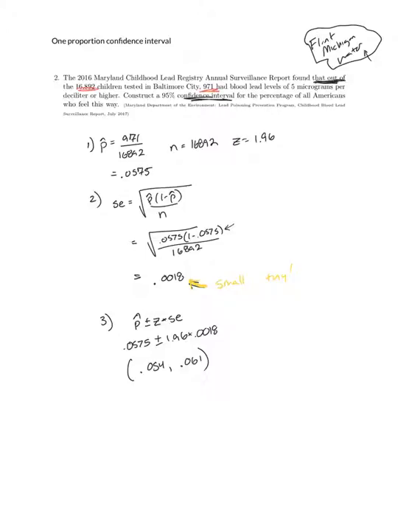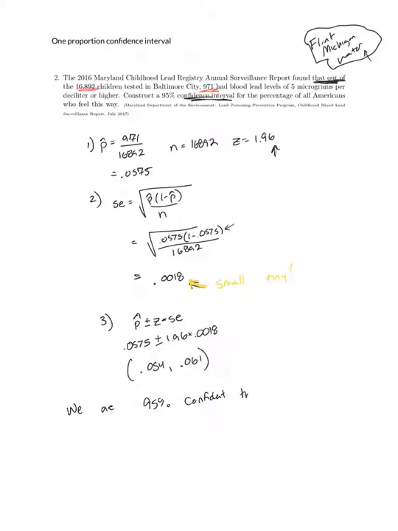Final step, or final thing I do with each confidence interval, is to go ahead and state. So when I state this, we are 95% confident, and I know I'm 95% confident because I used a z-score of 1.96, and because the problem told me.